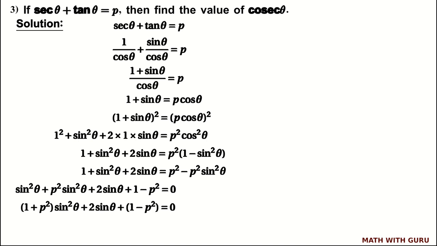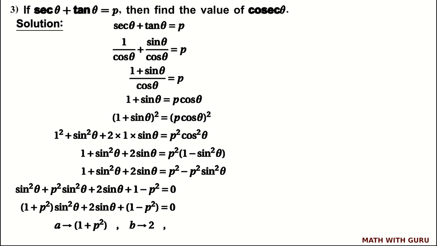Now, the first two terms are having sin squared theta as a common factor. On factorizing this, we get (1 plus p squared) into sin squared theta plus 2 sin theta plus 1 minus p squared equals 0. This is a quadratic equation in variable sin theta.